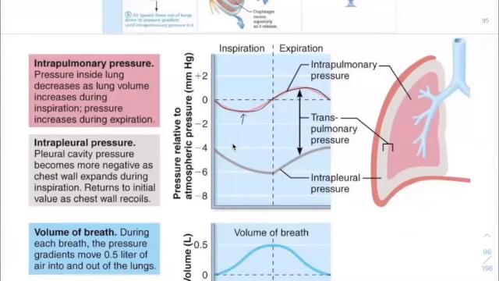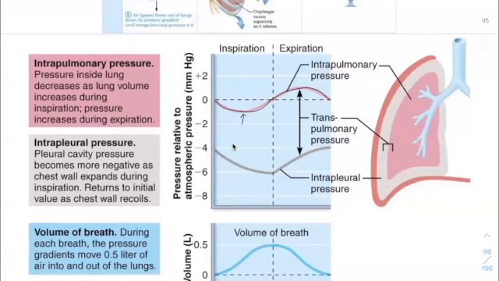Intrapleural pressure is that gray line. So when we breathe in, again, that pressure is going to go from about -4 below atmospheric pressure to -6 below atmospheric pressure. Then when we exhale, it's going to go back.